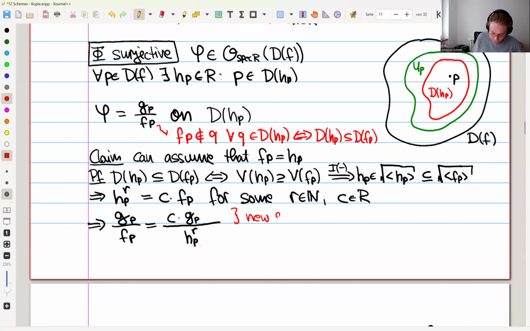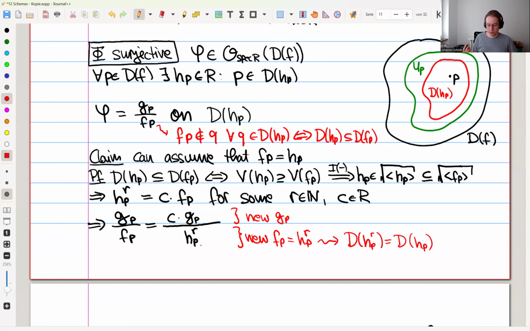This is the new GP. And this thing here is the new FP, HP to the power R. And we observe that D of HP to the power R is the same thing as D of HP.